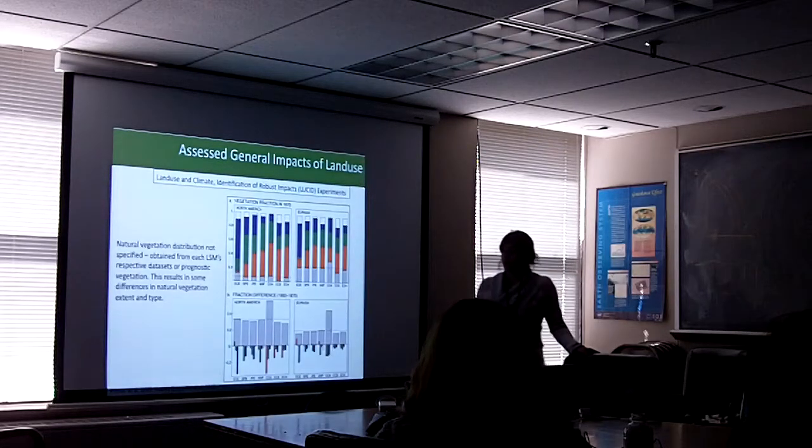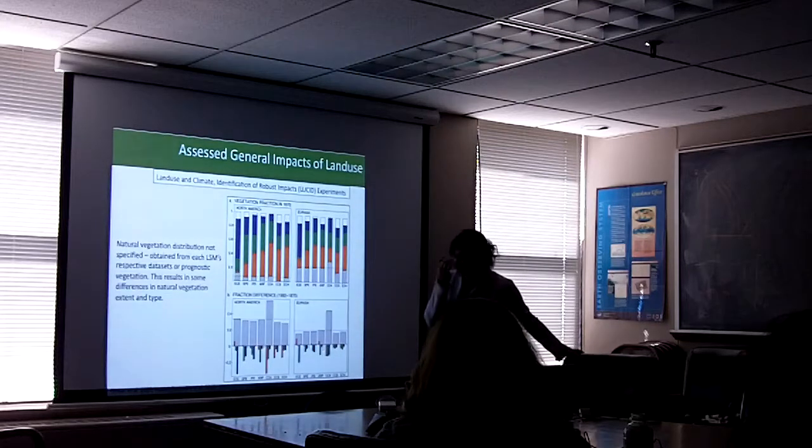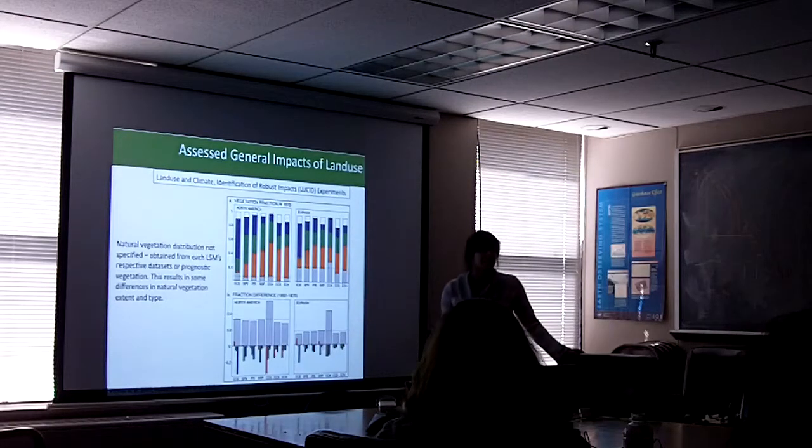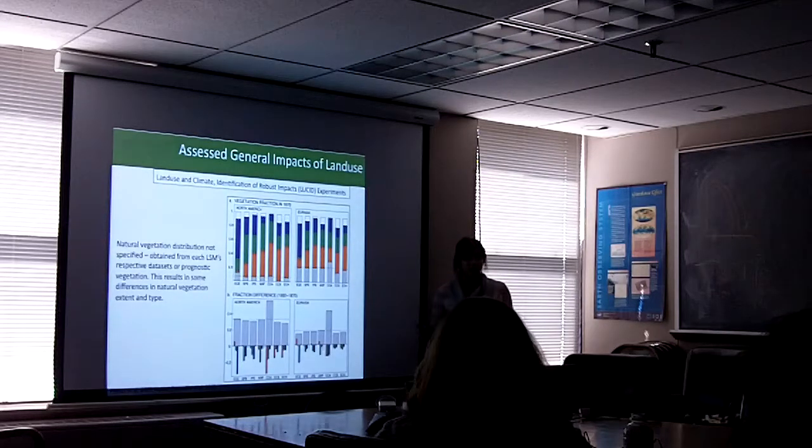They were just looking at these gross estimates. The other thing, and Nancy, it would be great afterwards to hear your comments about this, they didn't specify how each of these modeling groups should implement natural vegetation, okay? And so each of these modeling groups uses either a different data set or some prognostic natural vegetation. And what that results in is some variation between the models of what the natural vegetation looks like around these crops.